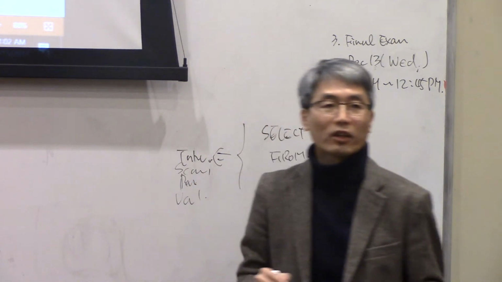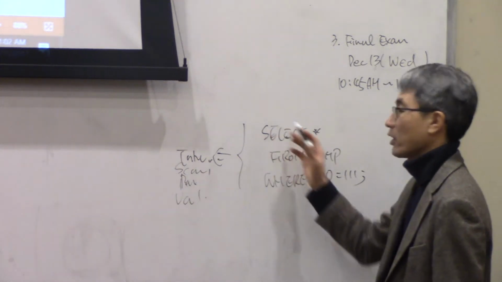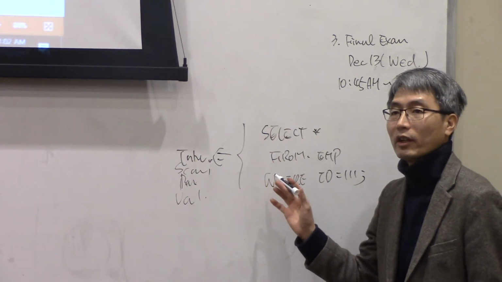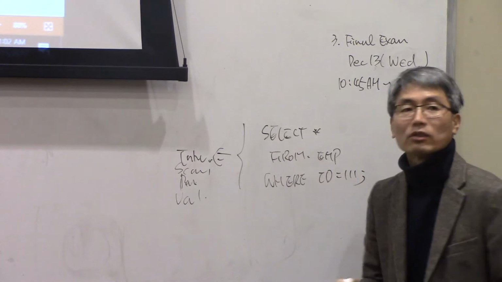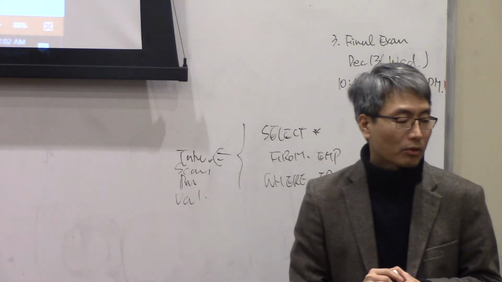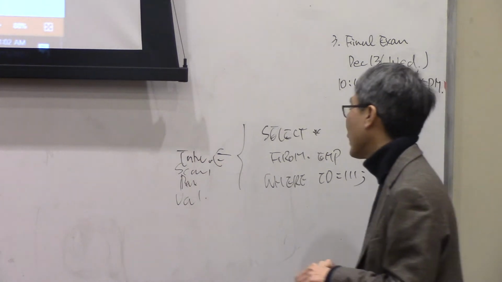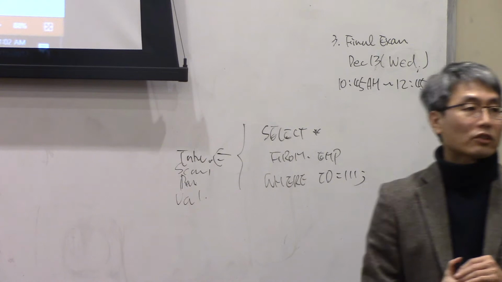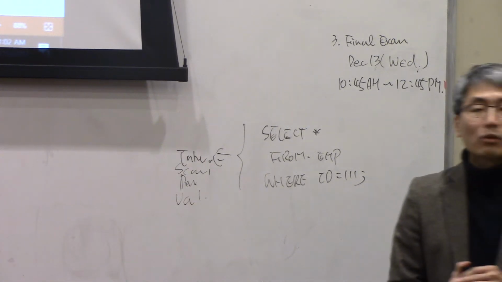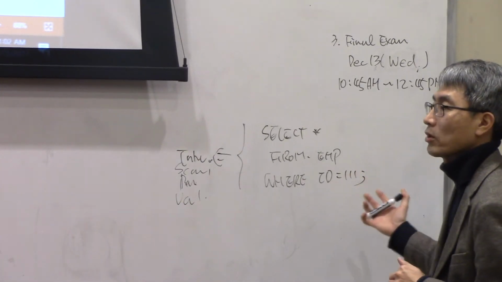Scanning and parsing check the keywords and whether the syntax is correct. Validating checks whether the employee table exists in the database and whether the user has the proper permission to access the data.